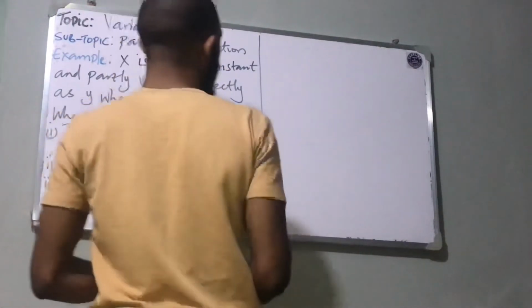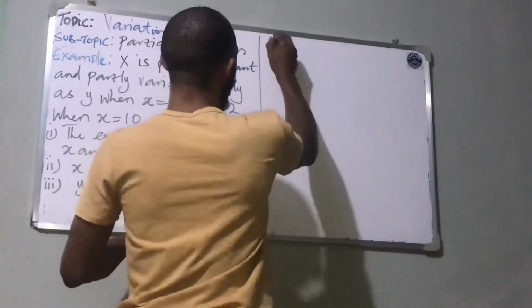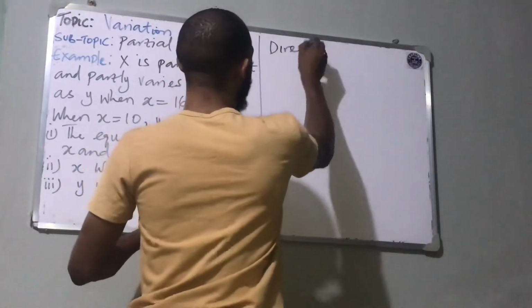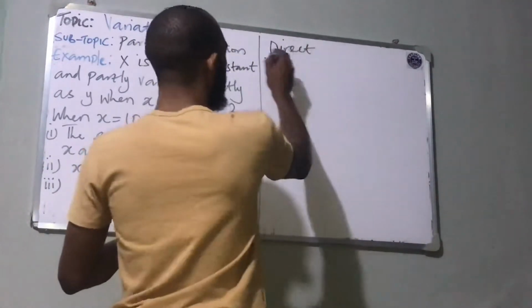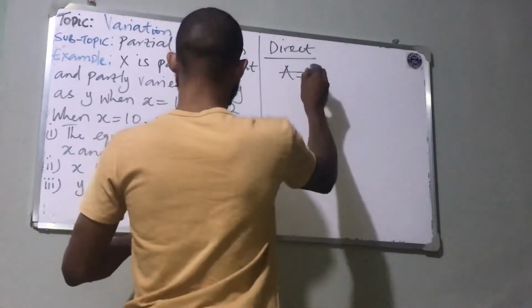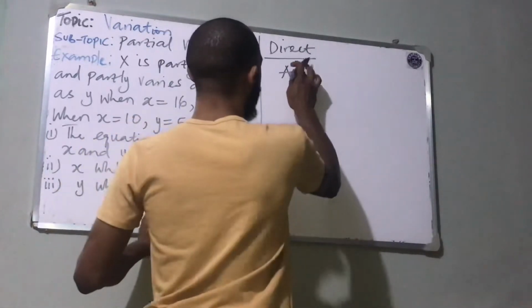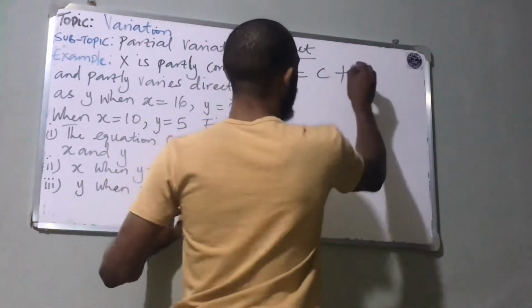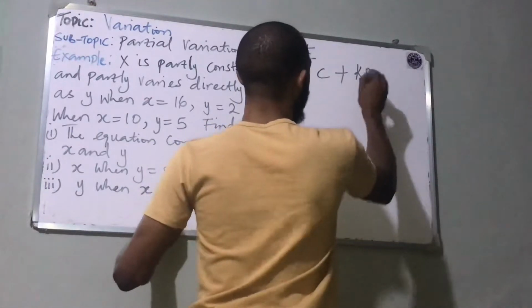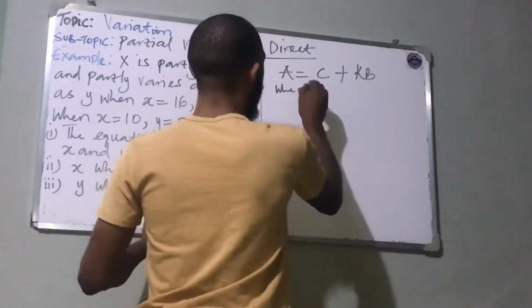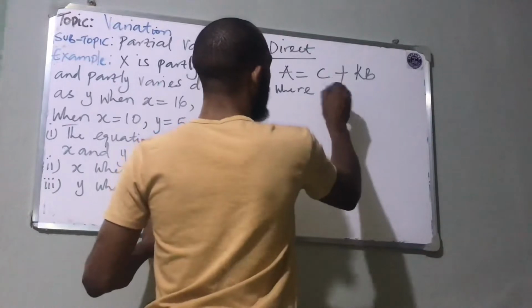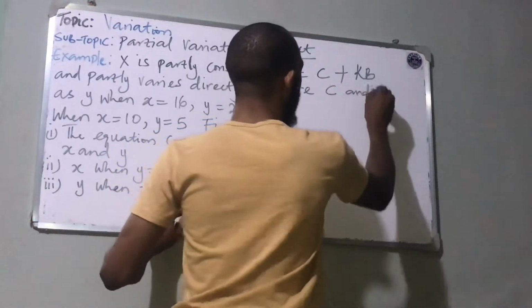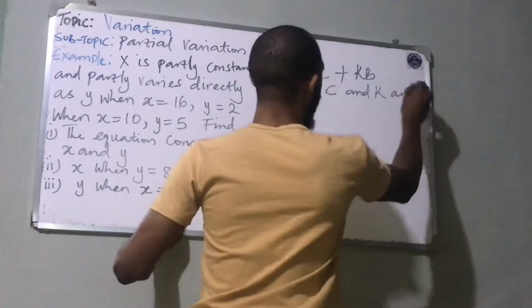Now for direct, when there is direct in a question, we use A equals C plus KB, where C and K are constants.